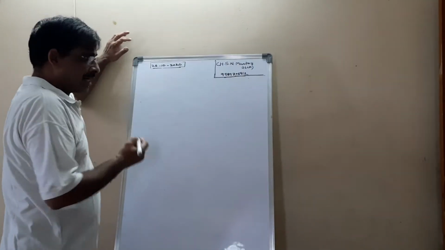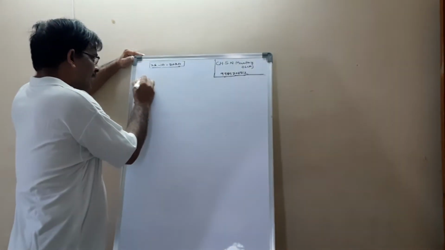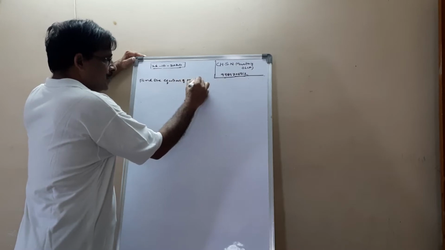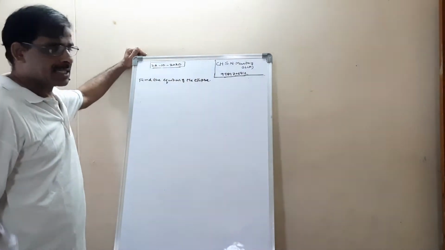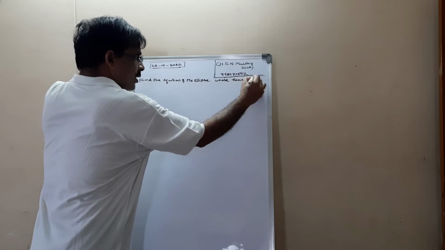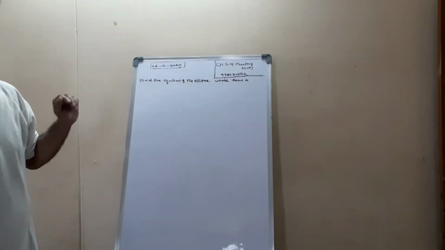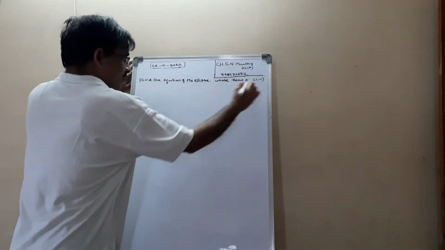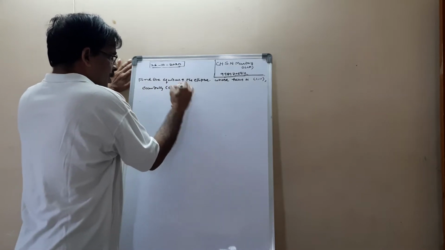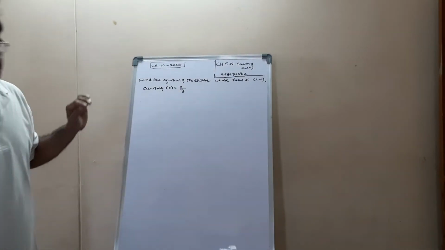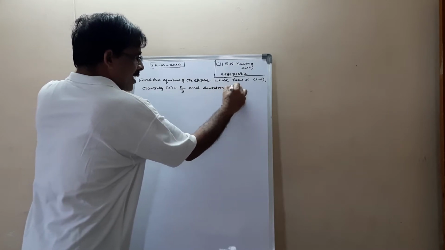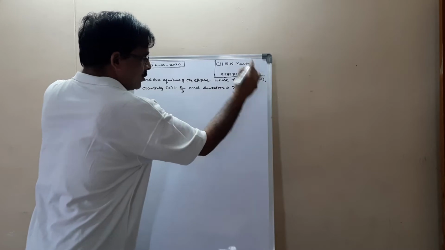Suppose, first let me write the problem. Find the equation of the ellipse whose focus is (1, -1), eccentricity e equal to 2 by 3 and directrix is x plus y plus 2 equal to 0.